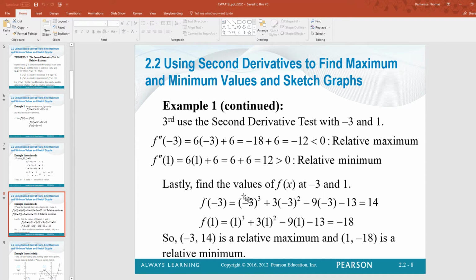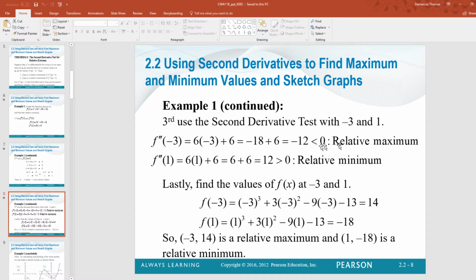Now what we're going to do, since we have the critical values, we're going to use the second derivative test and see what happens if we plug in the critical values into the second derivative. Now, there's only two things that can happen. Basically, we get a positive or a negative value, or we get that it equals 0.